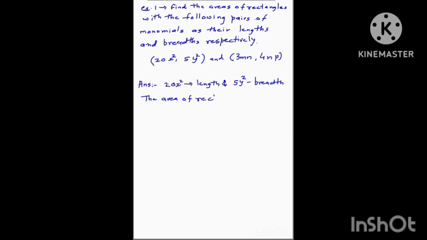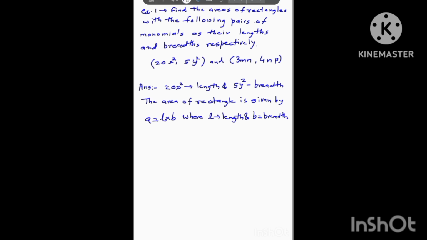The area of a rectangle is given by the formula: area A is equal to length into breadth, where L is length and B is breadth. It is very simple. You know what L is and what B is, so substitute. A is equal to 20x square into 5y square. Multiply 20 and 5, and we get 100 x square y square.